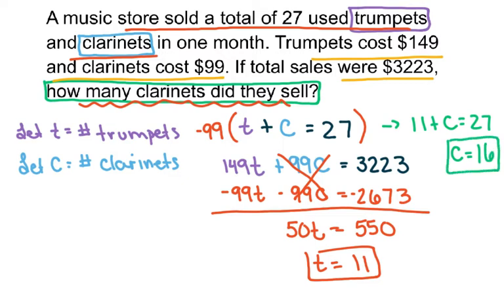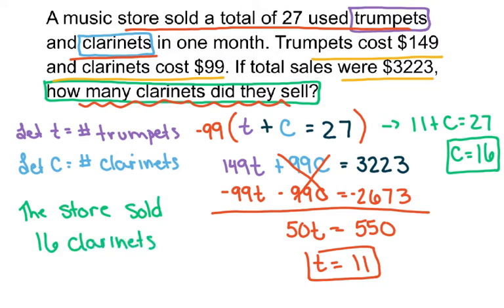So when we answer our question here, that's what we're going to say. You should always answer it in a complete sentence. So the store sold 16 clarinets.